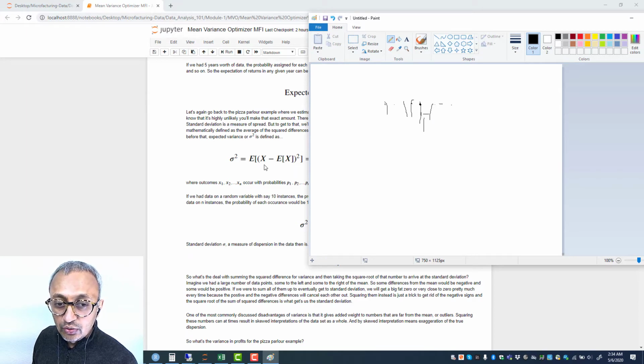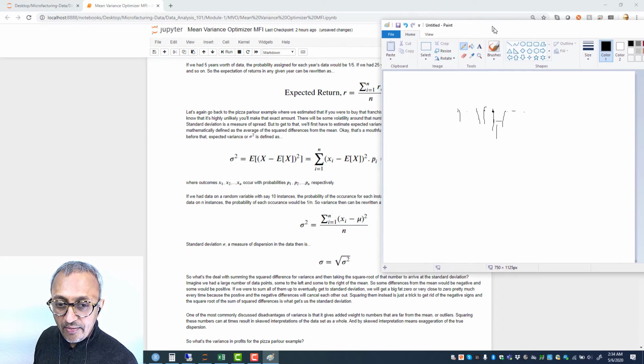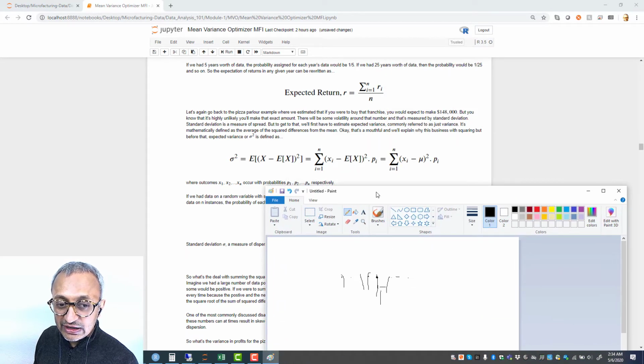So you calculate all of them, okay, and because it's an expected value of the difference of each outcome from its mean, you have to add them up, because expected means you have to add them up and multiply by the probability of each occurrence.